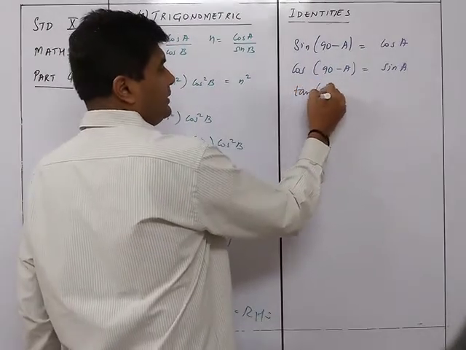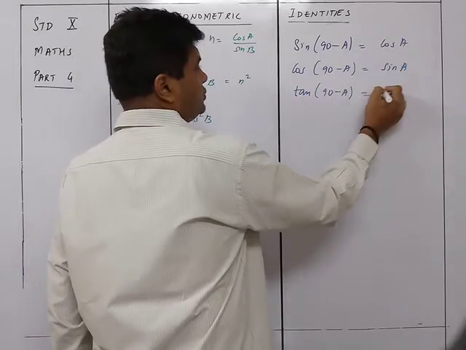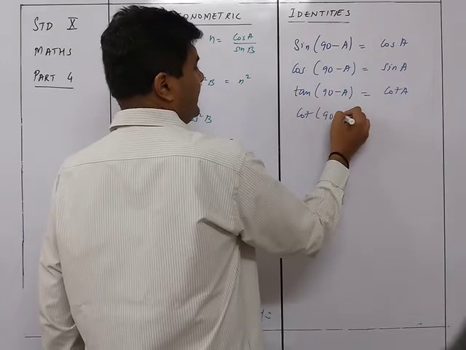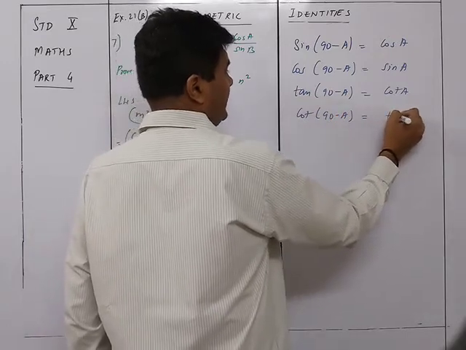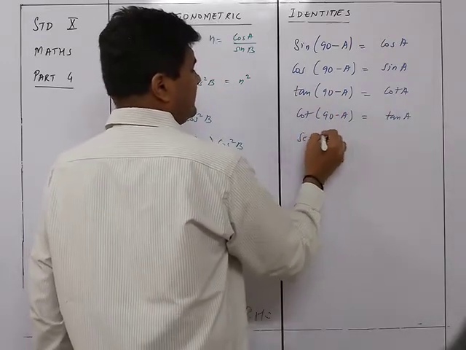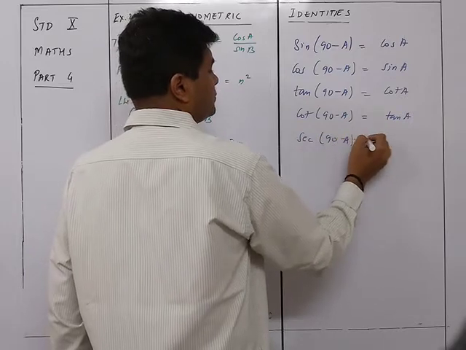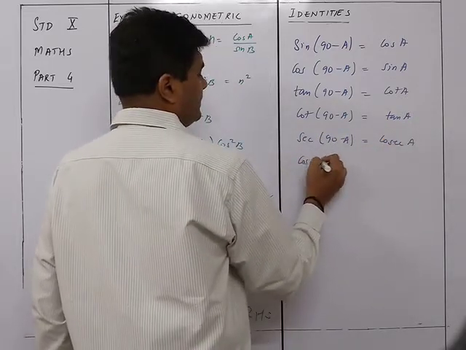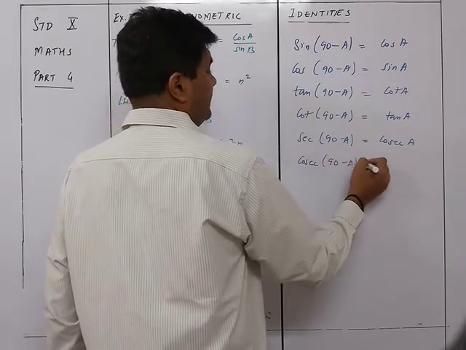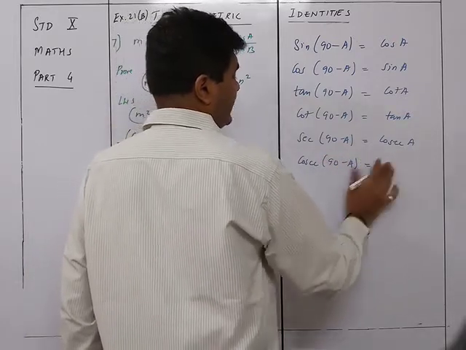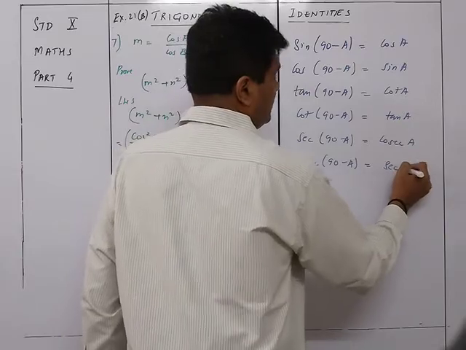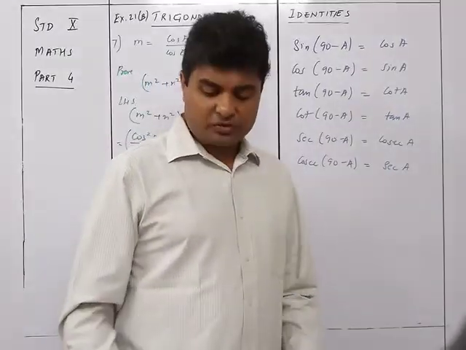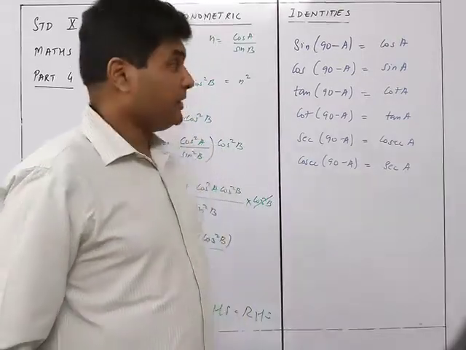Tan 90 minus A is equal to cot A. Cot 90 minus A is equal to tan A. Sec 90 minus A is equal to cosec A. And cosec 90 minus A is equal to sec A. These are the 6 formulas which we are using in exercise 21C.